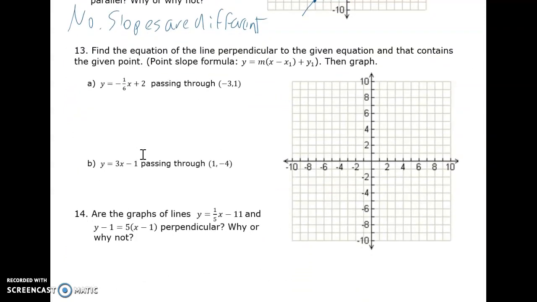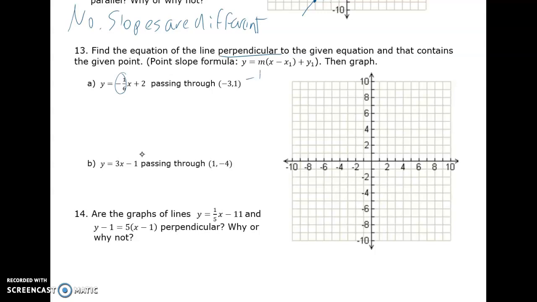Question 13 and 14, last questions here. Talked about the line perpendicular. And we did a lot of practice on this. To find the slope of the perpendicular line, you've got to take the opposite reciprocal. For our first one, our original slope given to us is -1/6. The opposite reciprocal of that would be 6, right? Because -1/6 loses the sign and flips over.